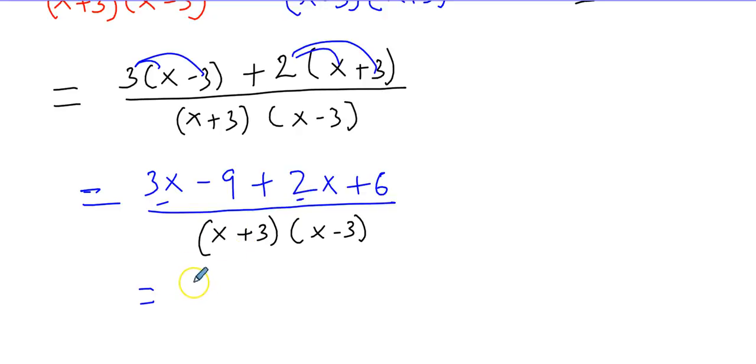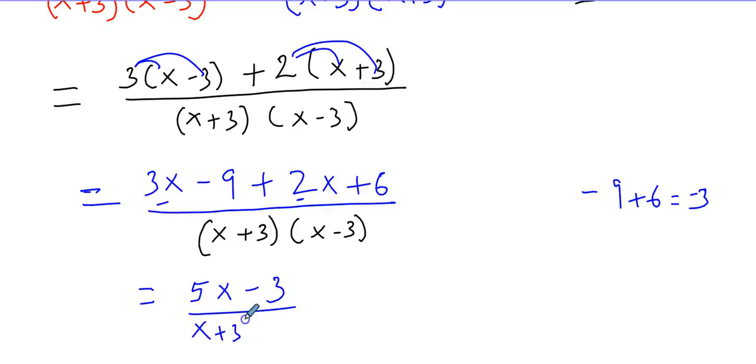So 3x's added to 2x's gives you 5x's, and then negative 9 plus 6 will give us negative 3. Remove the smaller from the greater number, put that negative sign. So that's minus 3 here. And in the denominator, we have x plus 3 times x minus 3.